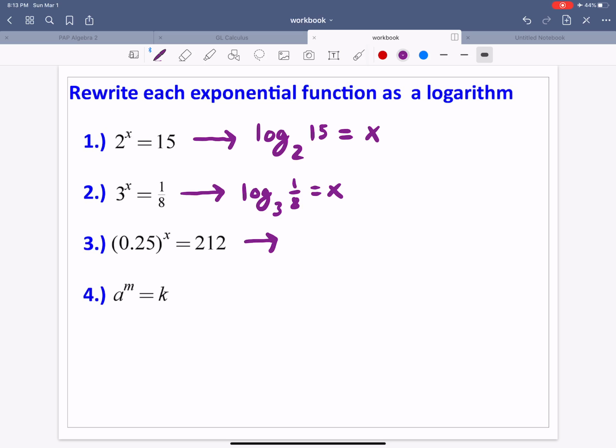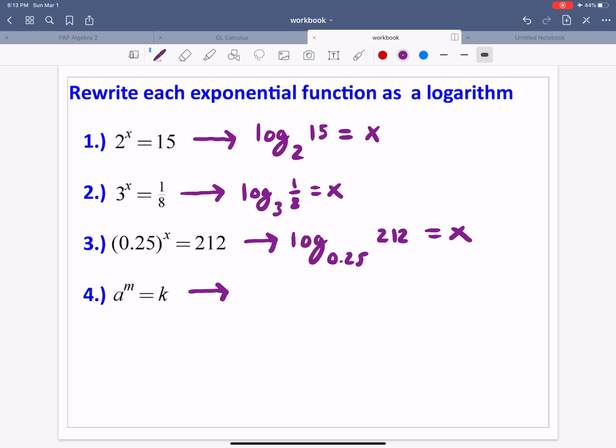Number 3, the log base is 0.25. Remember, that'll always match the base of the exponential. So base, answer, exponent. Log base 0.25 of 212 equals x. Then we can do the same thing on number 4.